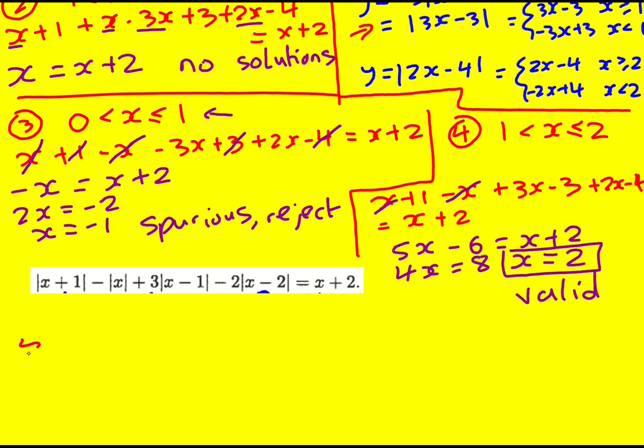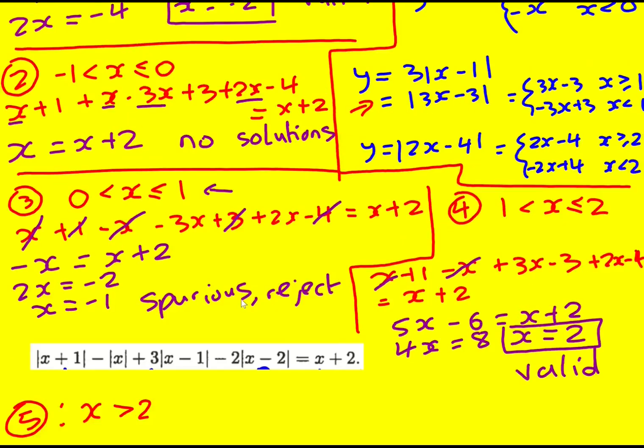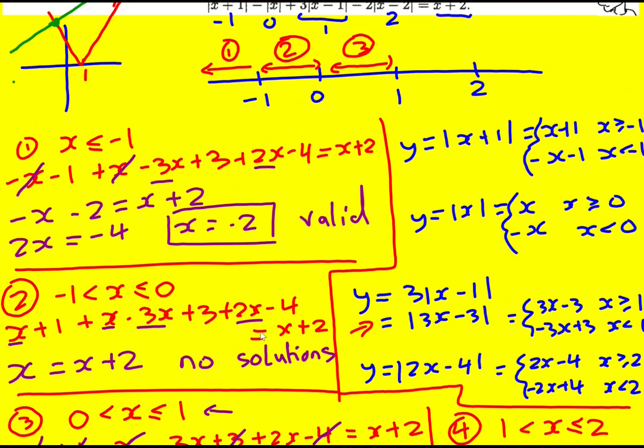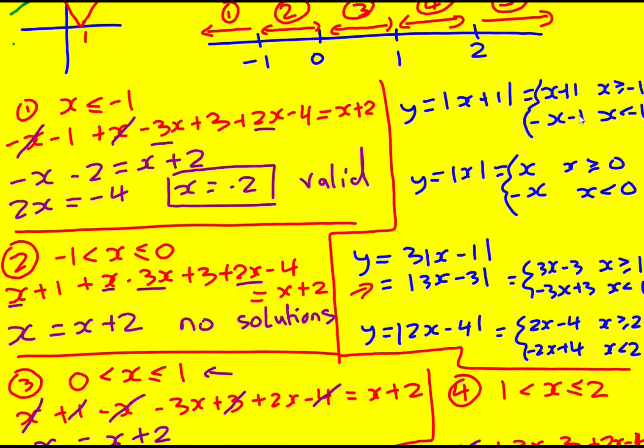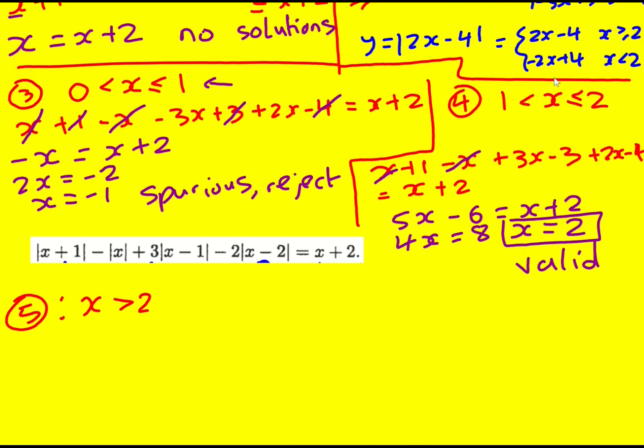Right, so finally, number 5 is going to be x is just greater than 2. Now we're here. So the modulus, I can just get rid of it in each case. x plus 1 minus x plus 3x minus 3 minus 2x plus 4 is going to equal x plus 2.